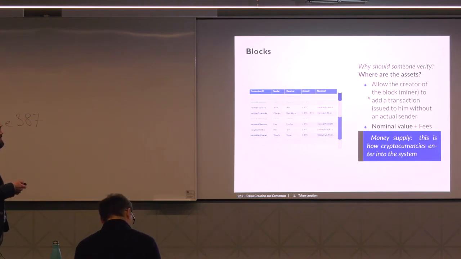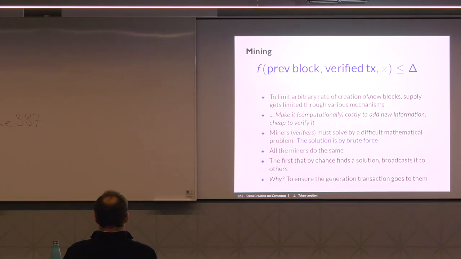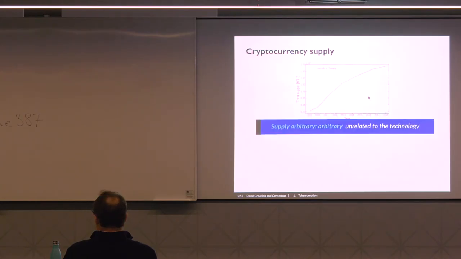But as I explained here, the reward that is given to a miner is completely arbitrary. There is nothing that says this is the reward that the miner should receive. There is no technological limitation on the way in which I can define this number.